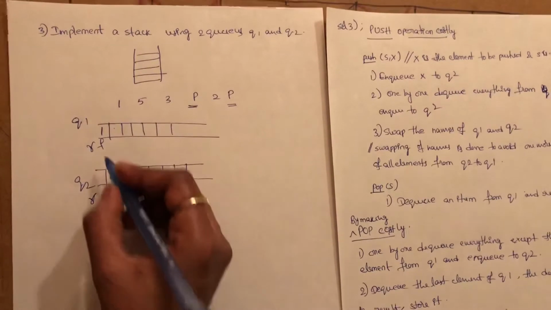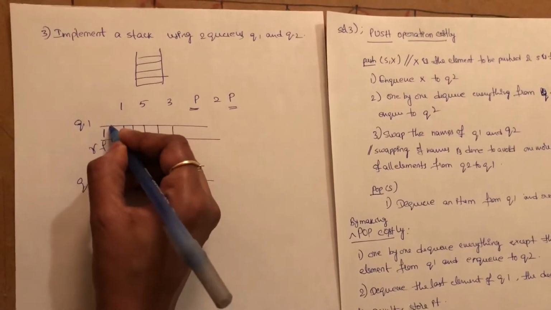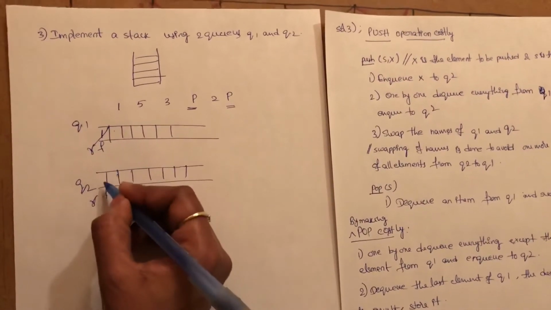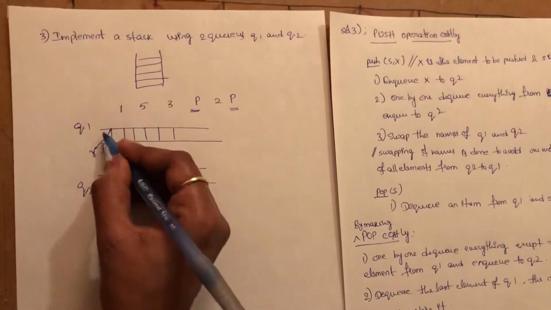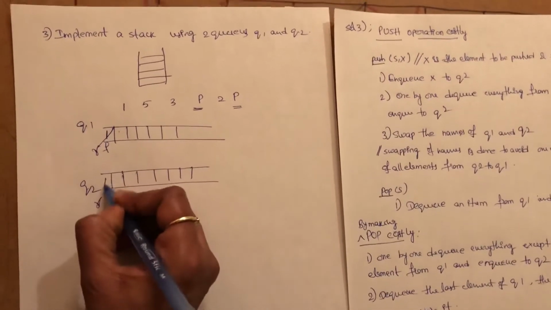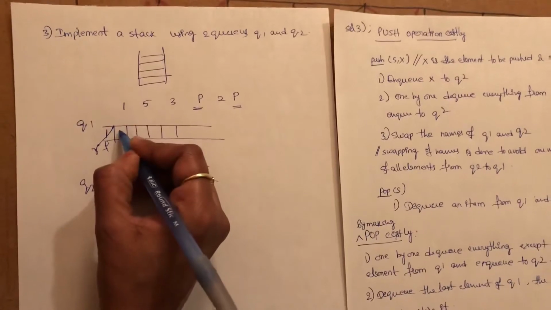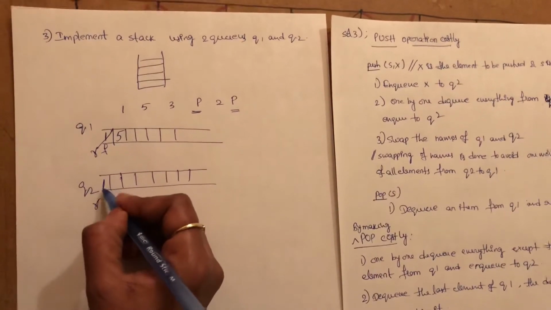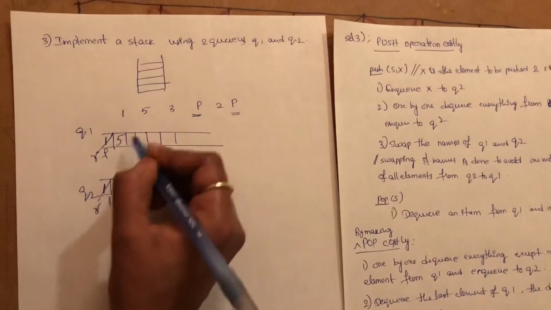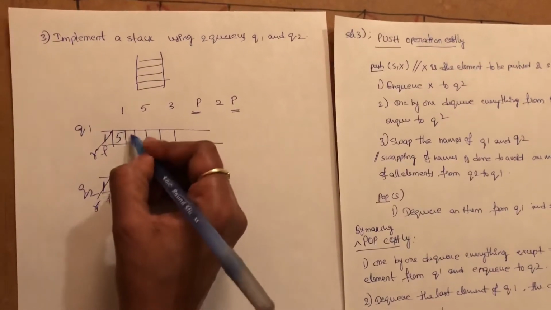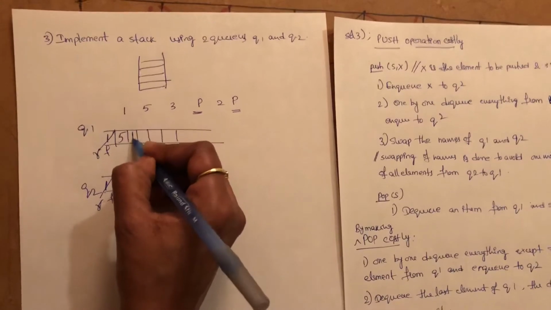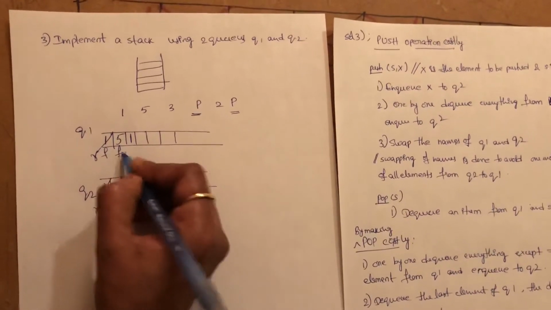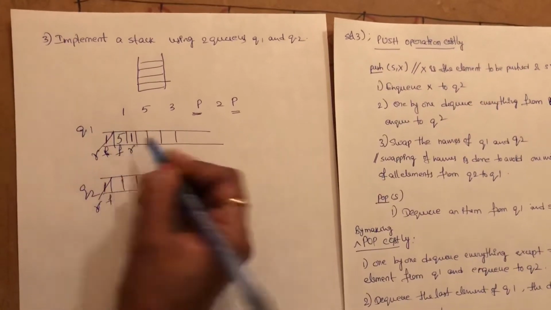Then we DQ this and NQ it into Q2. Then we NQ the next element, and then we NQ from here and move that one element into Q1. Now the front will become here and the rear will become here.